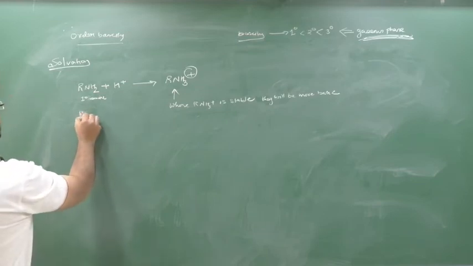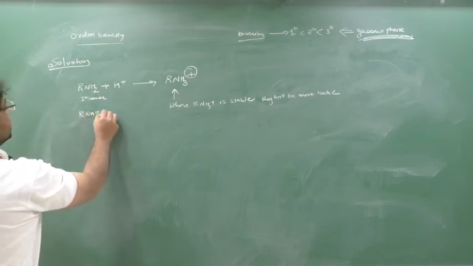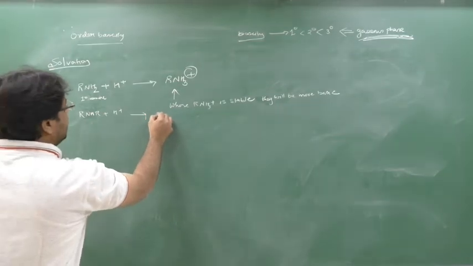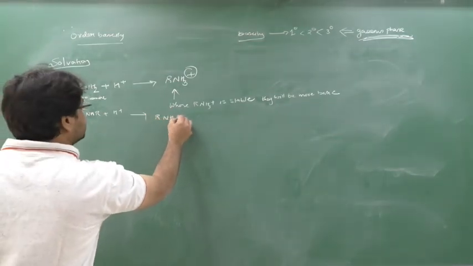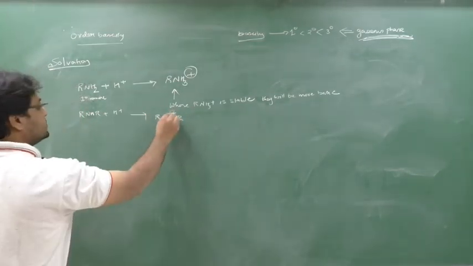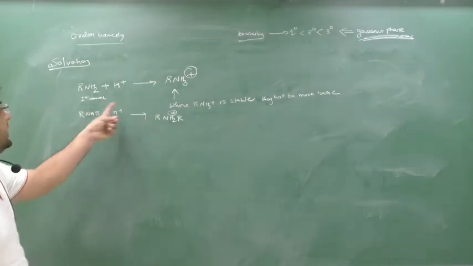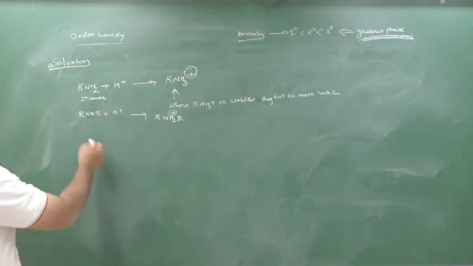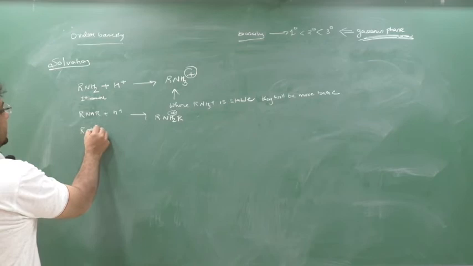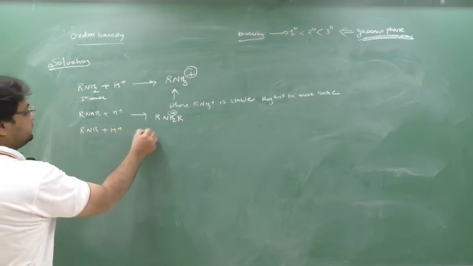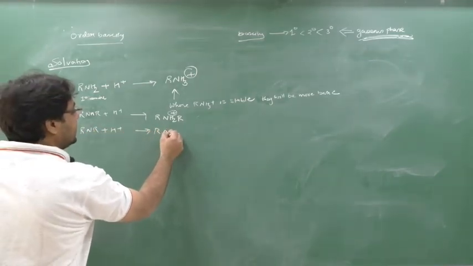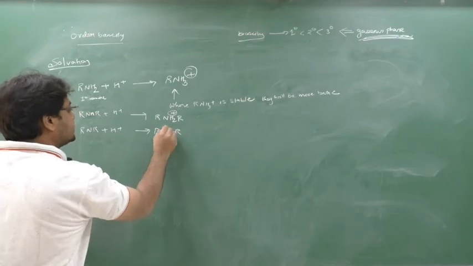Suppose if I take like this, RNHR plus H plus, RNH2R plus. So this is the 2 degree amine cation. This is the 1 degree amine cation. Similarly, RNRR plus H plus gives R3NH plus.